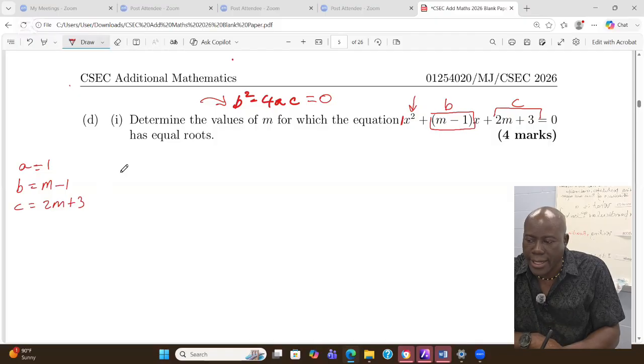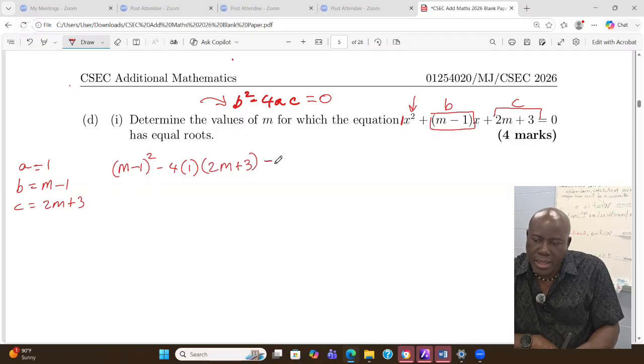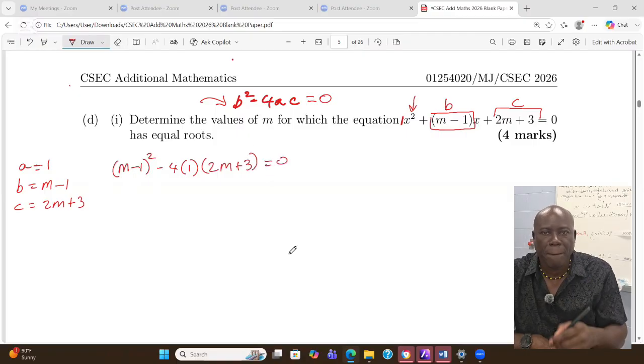So b squared, we're talking about (m minus 1) squared, minus 4 times A, which is 1, times C, which is 2m plus 3. This must be equal to 0.